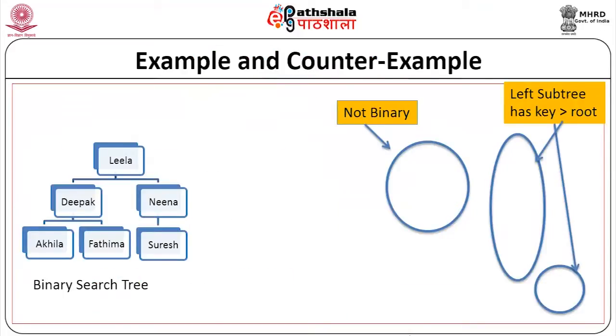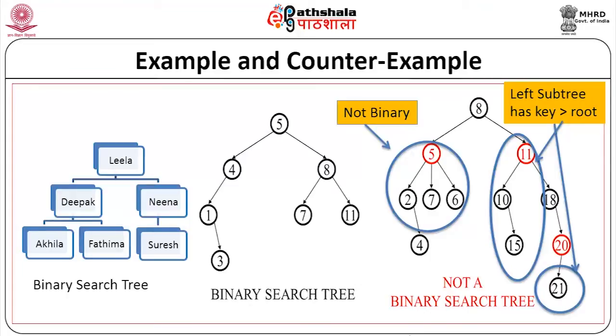Let us look at some examples. This is an example of a binary search tree where we have taken alphabetic nodes. Now, this is again a binary search tree. Please note, a binary search tree need not be a complete tree. It can have 0, 1 or 2 nodes, that is fine. Now, look at an example which is not a binary search tree.